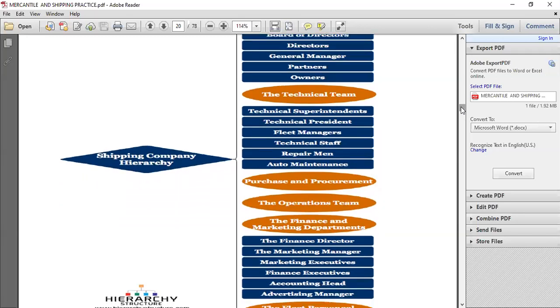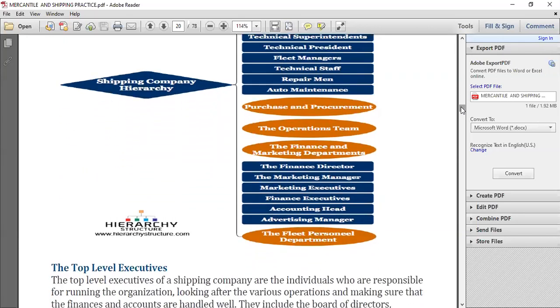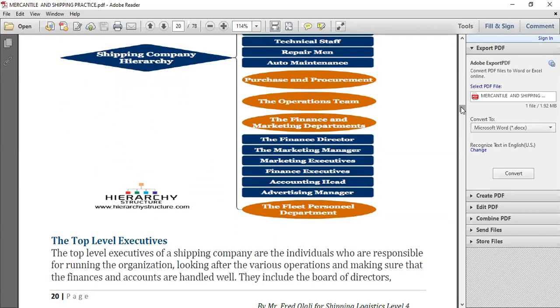These are the ones who are served with the responsibility to look for cargo. So they have the operation teams, the finance and the marketing departments. Then the finance directors, the marketing manager, marketing executives. We have finance executives, accounting head, advertising managers, etc.